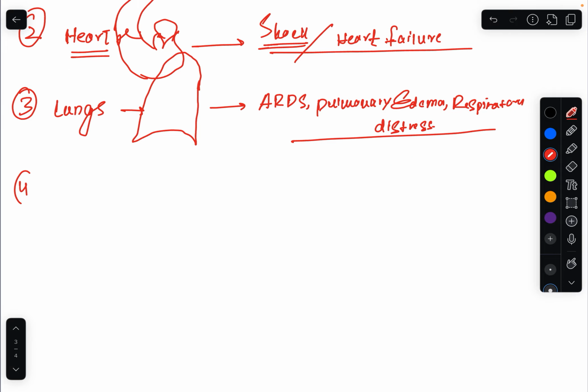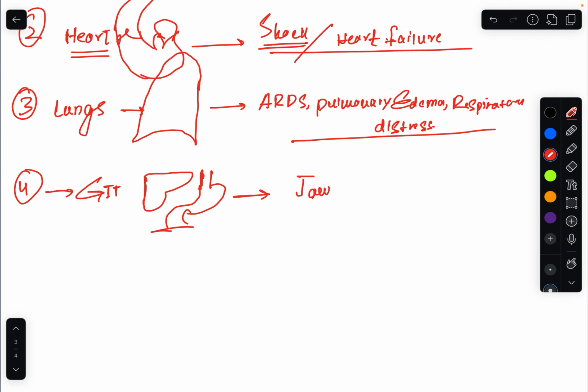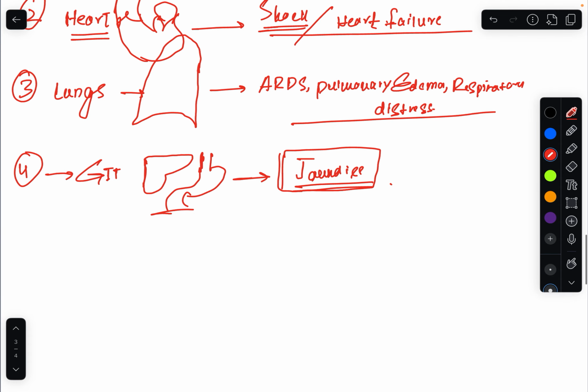Then coming towards GIT, which includes your liver as well as your digestive system. In GIT you can have jaundice. Presence of jaundice means that the malaria has infected your liver.